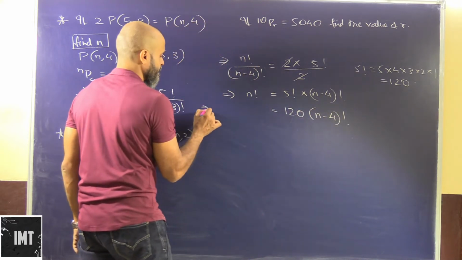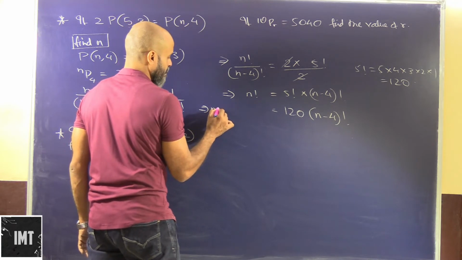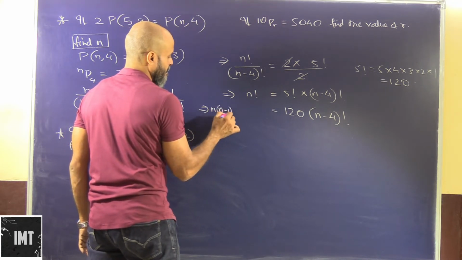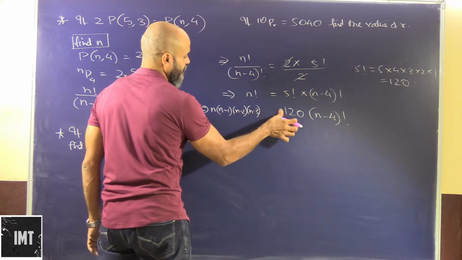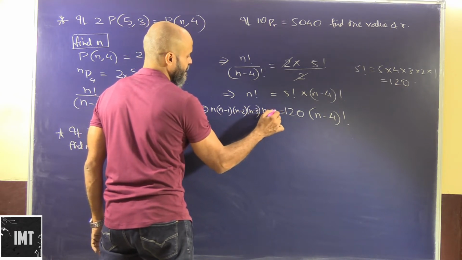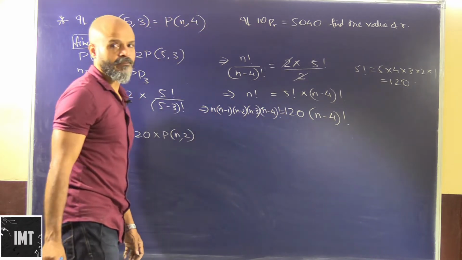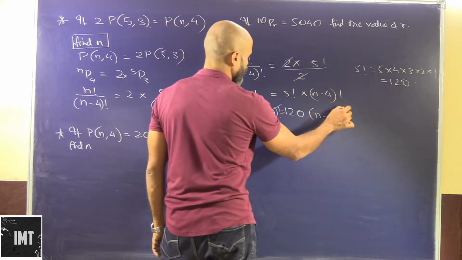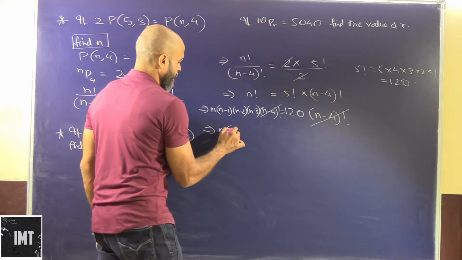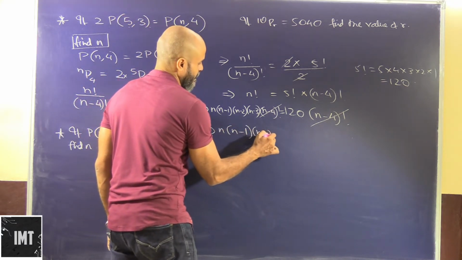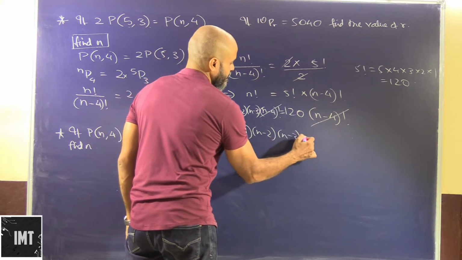This can be written as n into n minus 1, n minus 2, n minus 3, and finally n minus 4 factorial. So n minus 4 factorial and n minus 4 factorial get cancelled. So we have here n into n minus 1 into n minus 2 into n minus 3 is equal to 120.